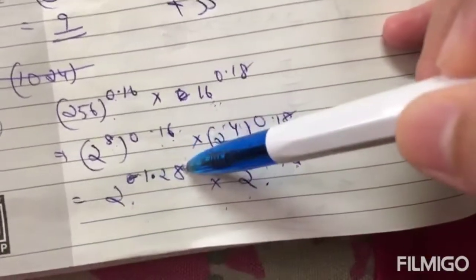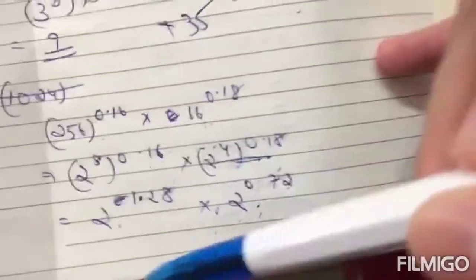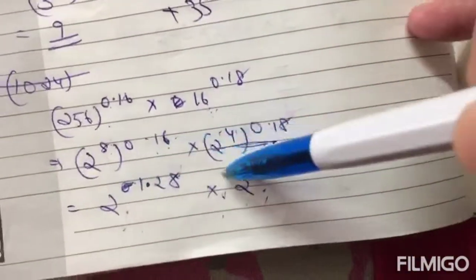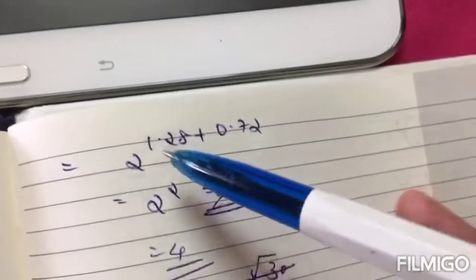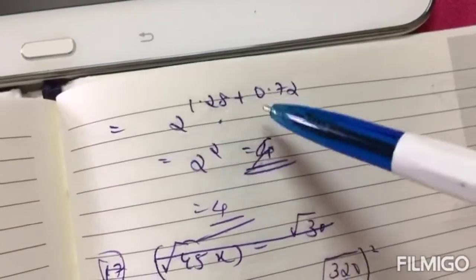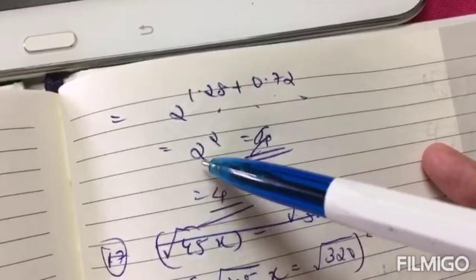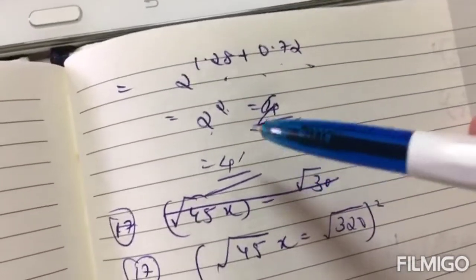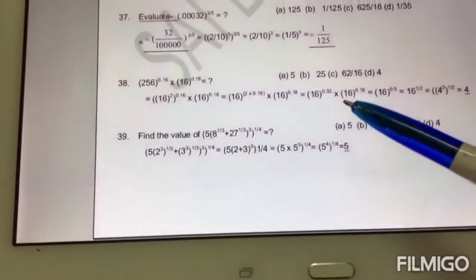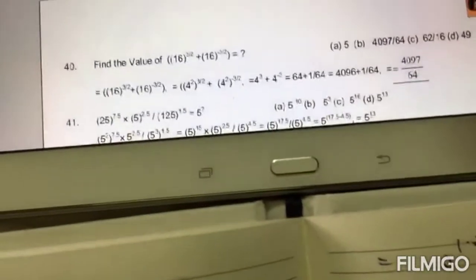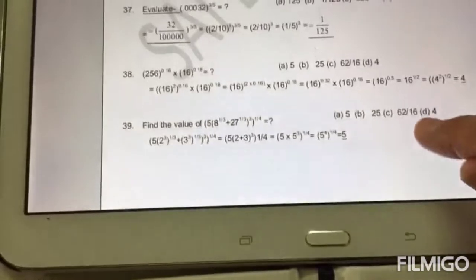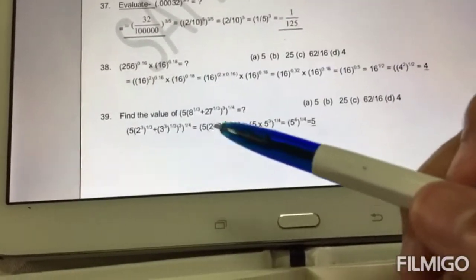So a raised to m into a raised to n can be written as a raised to m plus n, and that's what I've done here. 2 raised to 1.28 plus 0.72 is nothing but 2 square, which is 4. Simple. So this is how you solve that problem. Number 41 is similar to this, so I'm not going to do that. You can try that. Let's do number 39.